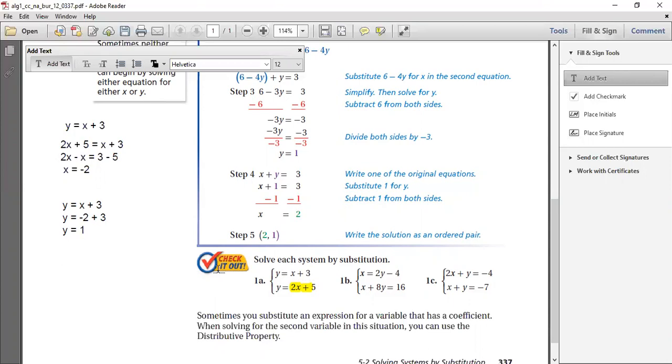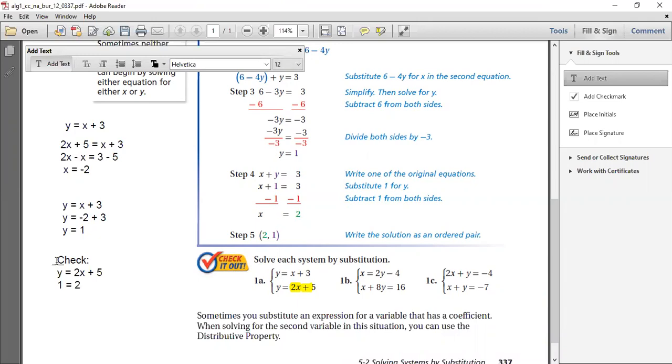Now, if you are not sure of your answers, you can check your answers. How do you check it? Take any one equation, because I've taken the first one before, I'm taking the second one now. I'm doing this only for checking, only to make sure my answer is correct or not. So y equals 2x plus 5. What's the value of y we got? 1 equals 2 times, what was the value of x we got?